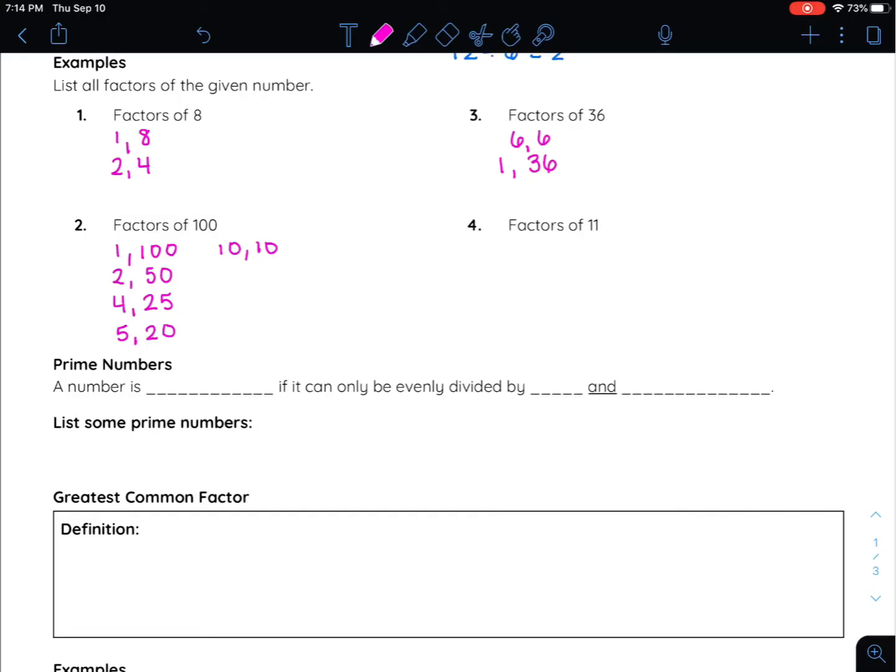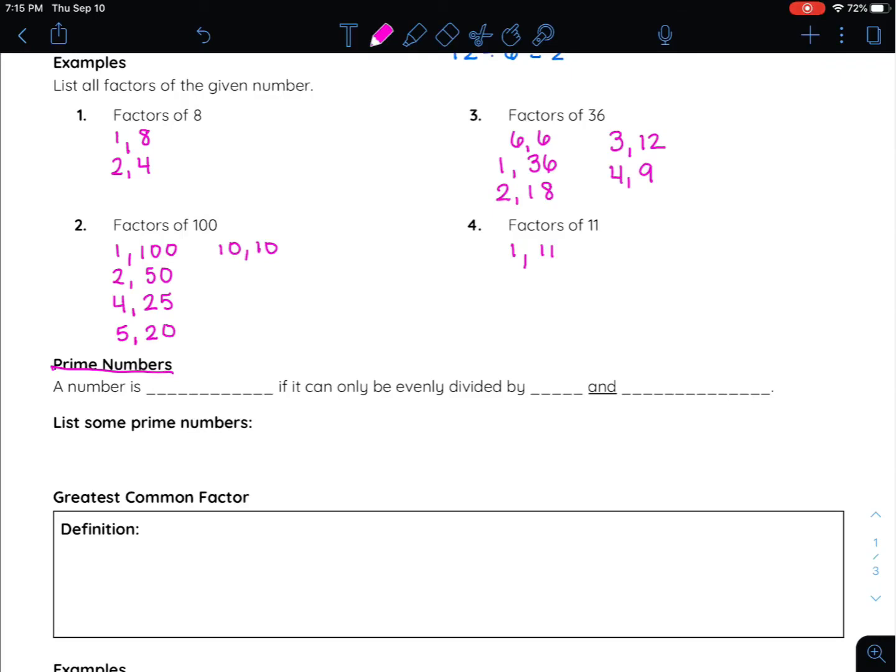Maybe 2 and 18? 3 and 12? 4 and 9? 5 doesn't work. We already did 6. 7 doesn't work, and neither does 8. So I think that's all. Factors of 11. I mean, 1 times 11 works, but there's literally nothing else. That's because 11 is a prime number.